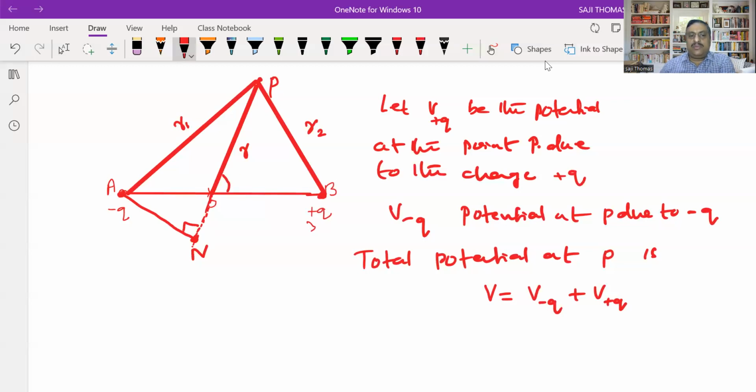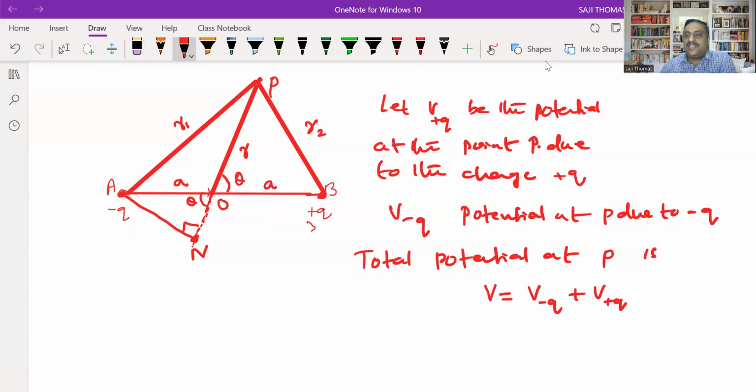This angle you mark as theta. And you know the dipole length is very small, so the center of the dipole we consider as the point O. AO is half the dipole length, which is a. Similarly, BO is a.